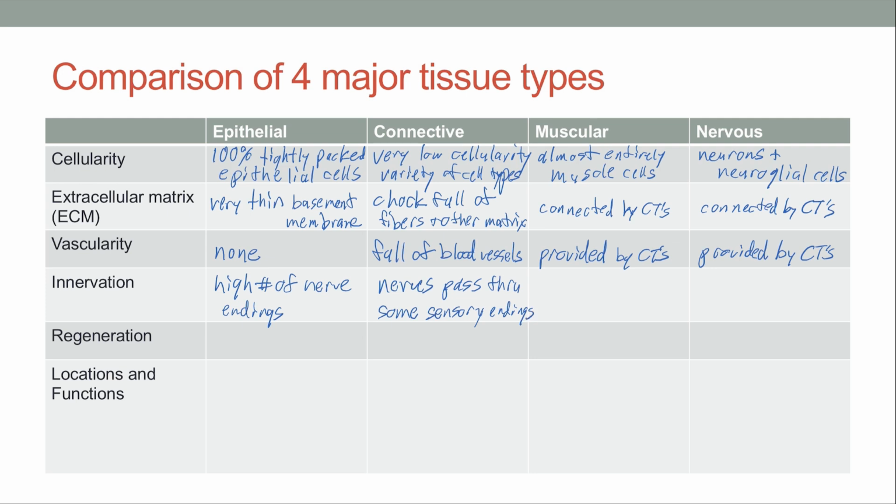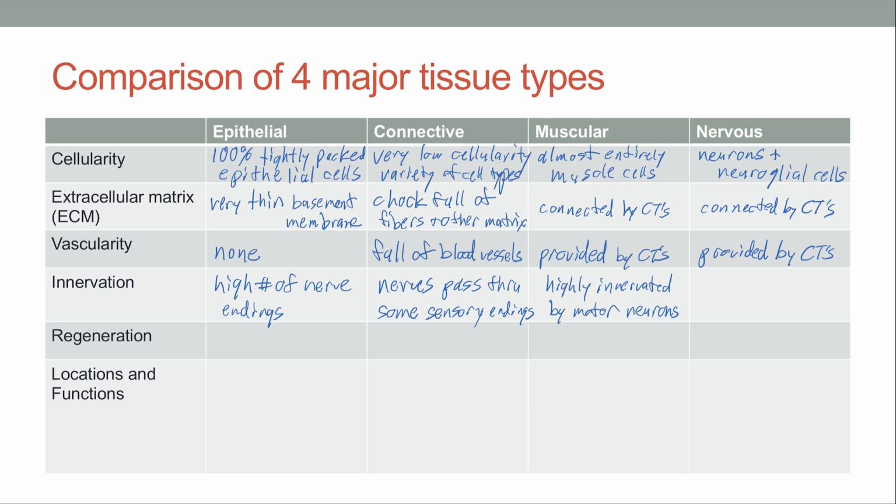Muscular tissues, on the other hand, are highly innervated in most cases by what we call motor neurons. Those are neurons that send signals to the muscles or to the glands or to any other kind of active tissue, telling it when to do its thing.